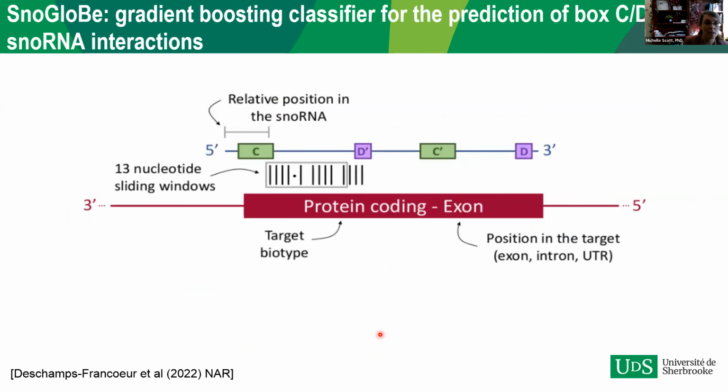So Gabrielle created a predictor called SNOGLOBE, and she considered for the prediction the window of interaction in the snoRNA, the sequence of the interacting window in the target, the relative position of the interacting window in the snoRNA, the position in the target, and the biotype of the target, so whether it's snRNA or messenger RNA or tRNA, for example.